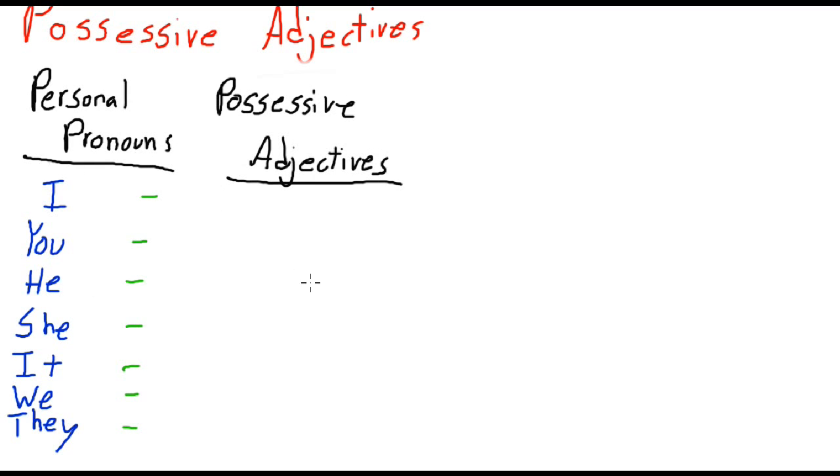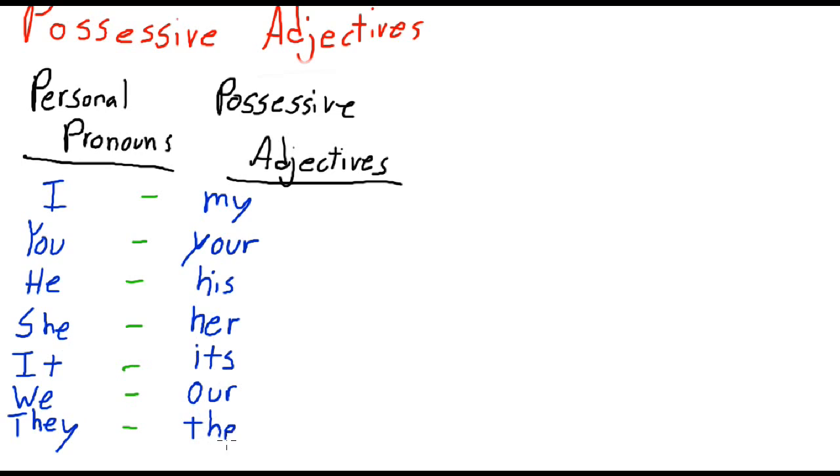The possessive adjective for I is my. Okay, my. You, your. He, his. She, her. It, its. We, our. They, their.